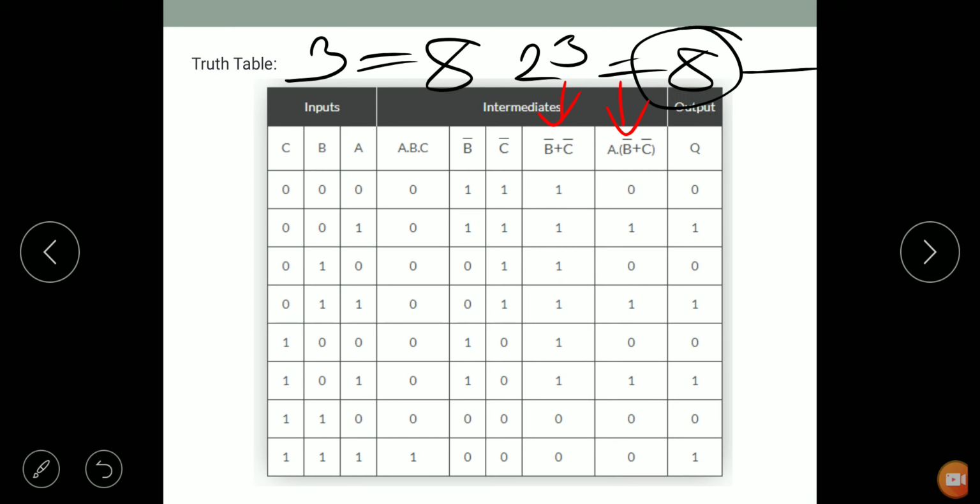So 1 plus 0 is 1, 1 plus 1 is 1, 1 plus 0 is 1, 1 plus 1 is 1, 1 plus 0 is 1, 1 plus 1 is 1, then 0 plus 0 is 0, and 0 plus 0 is 0. Okay, this is the truth table for the equation.